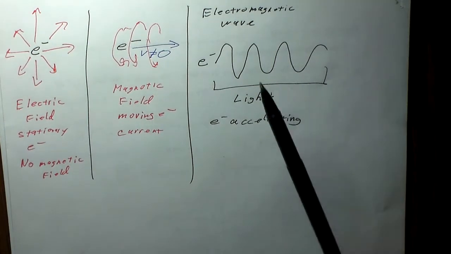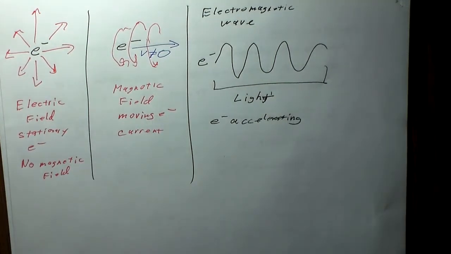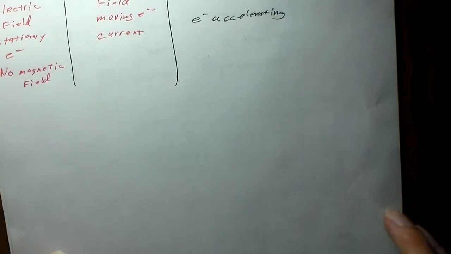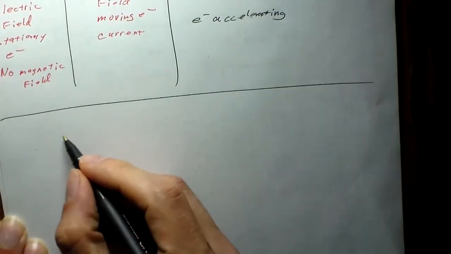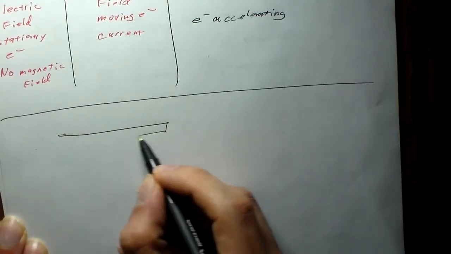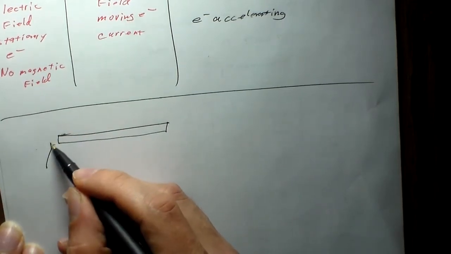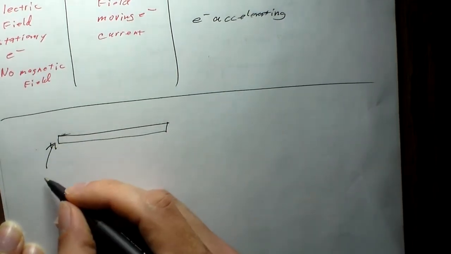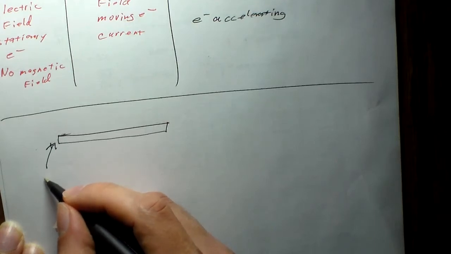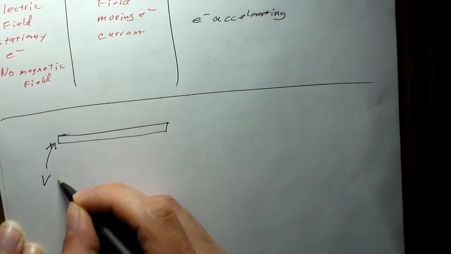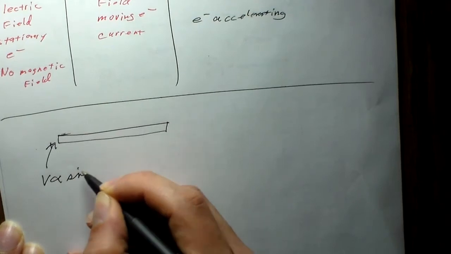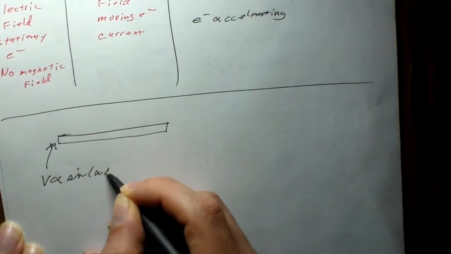Now how can we actually produce this? If you are using an antenna, for instance, for your cell phone, how it produces electromagnetic waves is, in an antenna, we have a hunk of metal. And what you do is you apply a varying current, a varying voltage. So basically your voltage is going to be proportional to the sine of omega t.